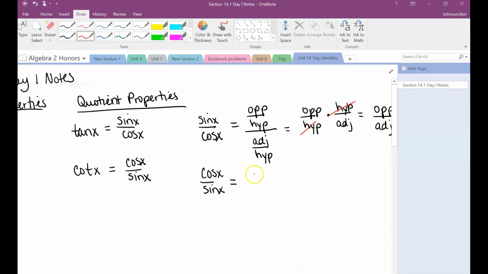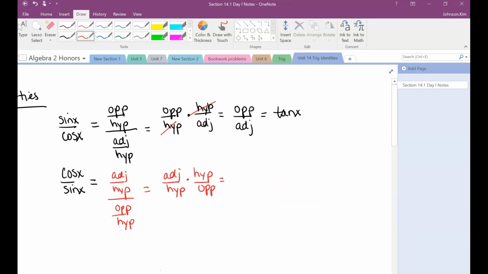You should see that you've got the adjacent side over the hypotenuse, over the opposite side over the hypotenuse. That's equal to the adjacent over the hypotenuse multiplied by the hypotenuse over the opposite, and the hypotenuse sides will then divide out. So you'll end up with adjacent over opposite, and that's cotangent of x.